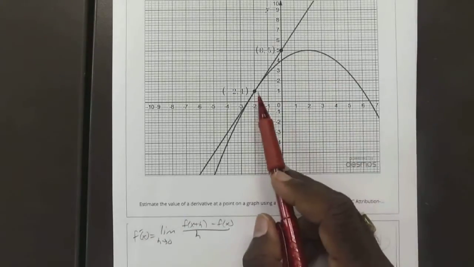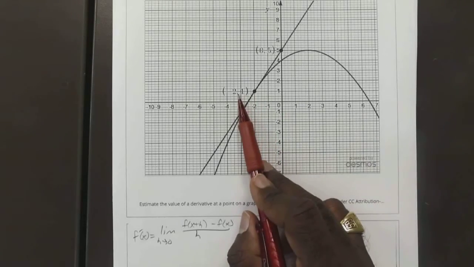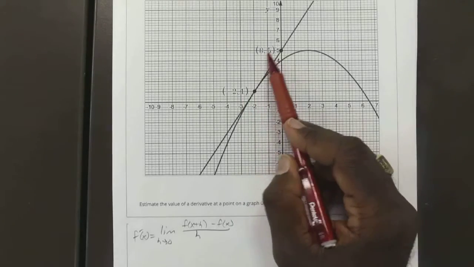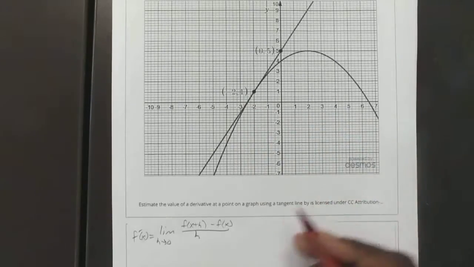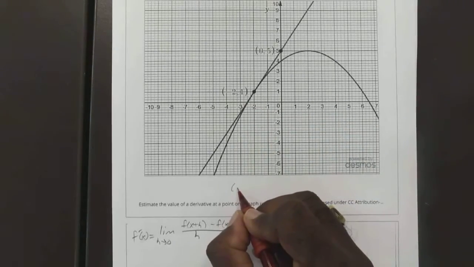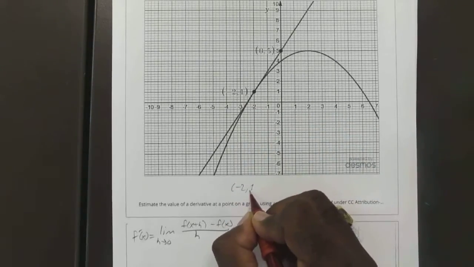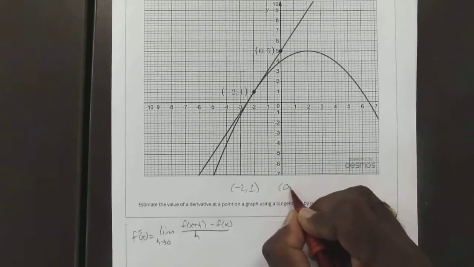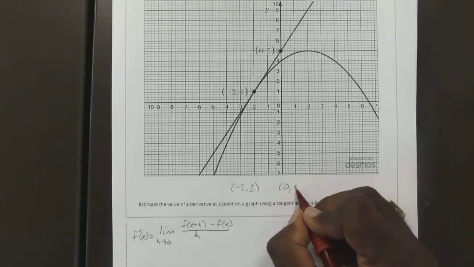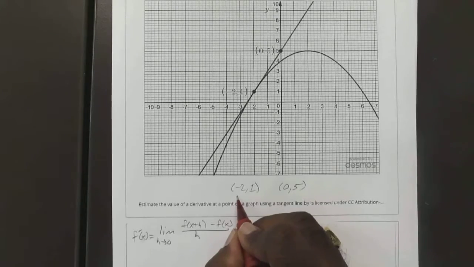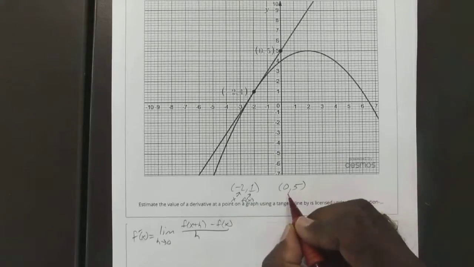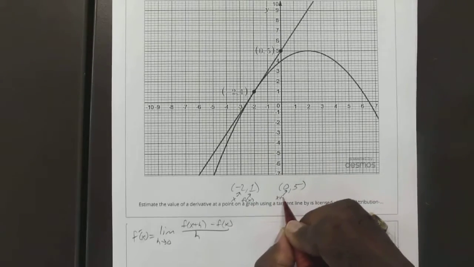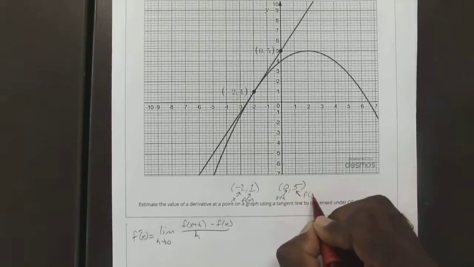Because remember, this is your x and your f of x, and this is your x plus h and f of x plus h. Because remember, you're going to the right for your x plus h. Okay? So let me rewrite it. -2, 1, and 0, 5. That's your x, f of x, and that's your x plus h, and your f of x plus h.